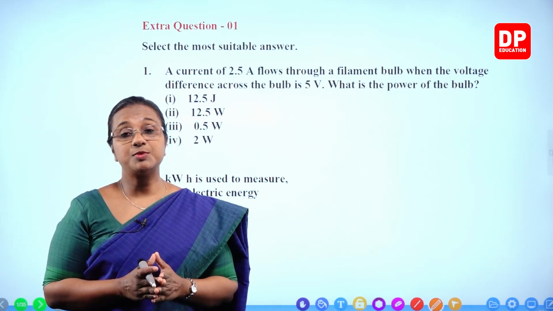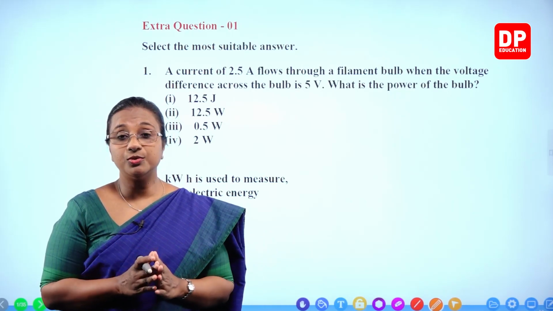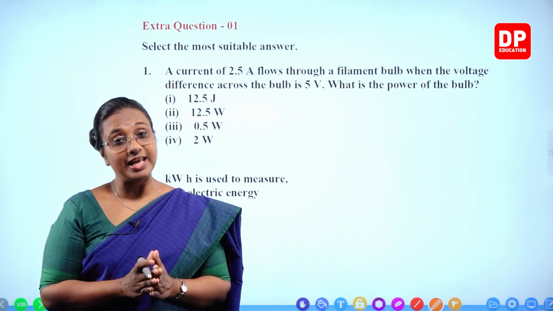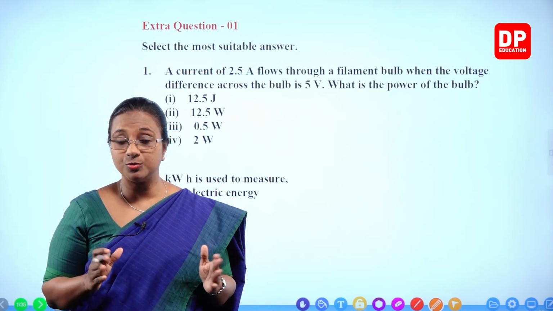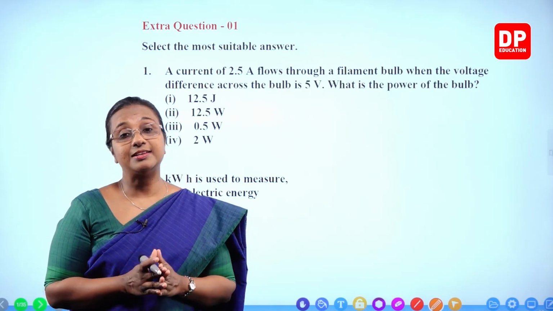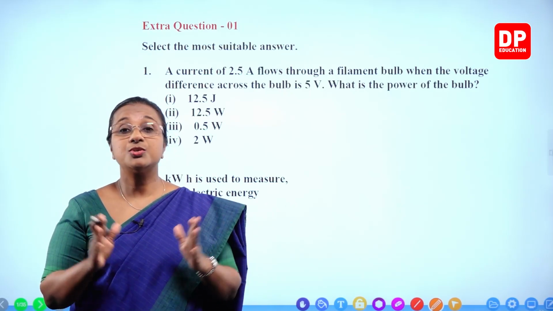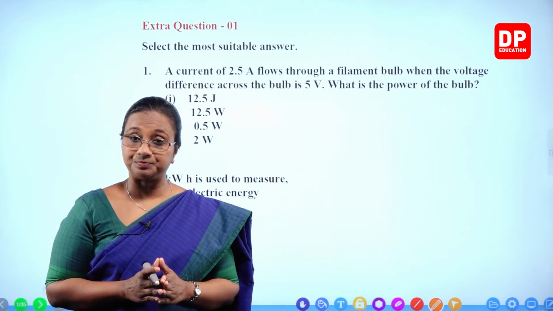We discussed the types of wires and different types of plug sockets, and you know the protective measures to practice when you use electricity in your households, so that you can prevent accidents.